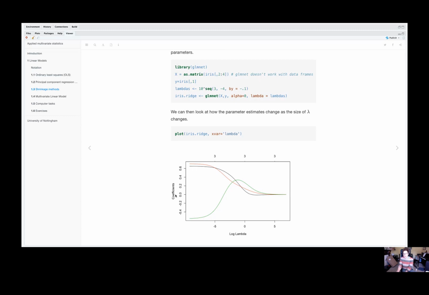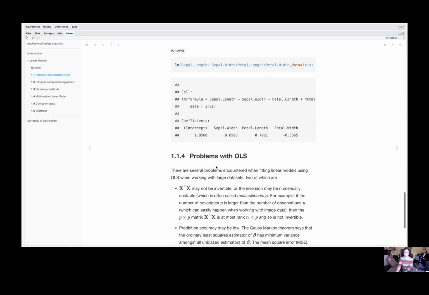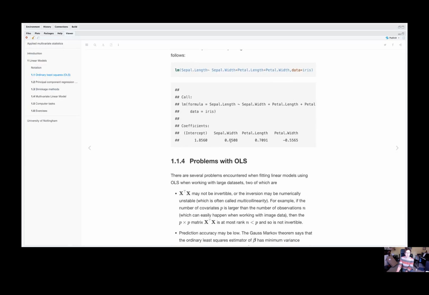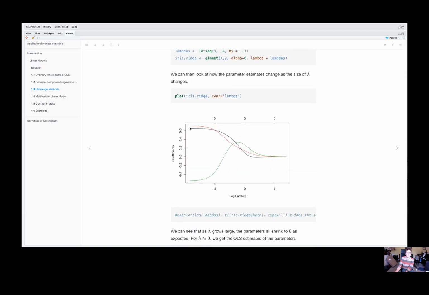So remember the OLS estimator of the parameters, what did we find? We found 0.65, 0.7, and minus 0.56. So if we look here, that's what we've got here. Yeah, the values we had before. That's when we have lambda close to 0, log lambda very negative, and as lambda increases, the parameters shrink towards 0.